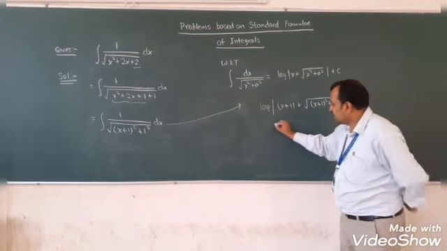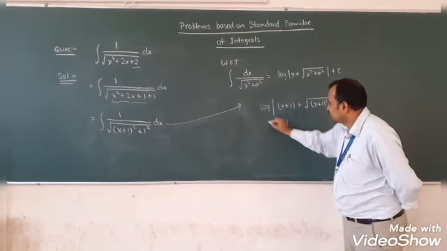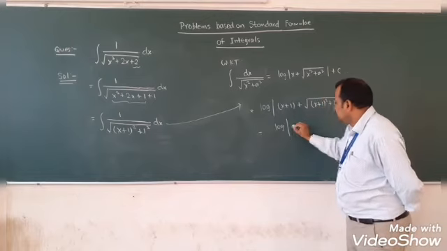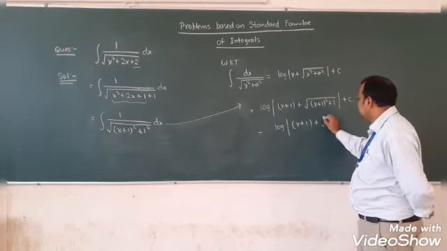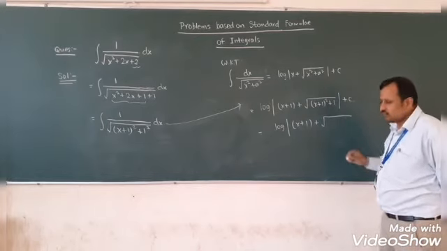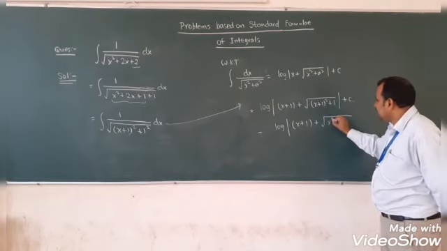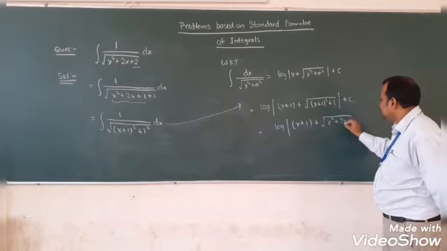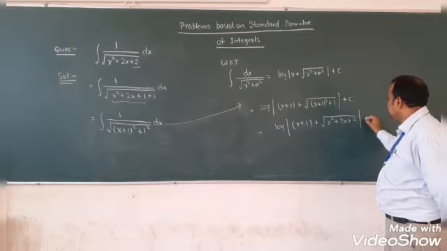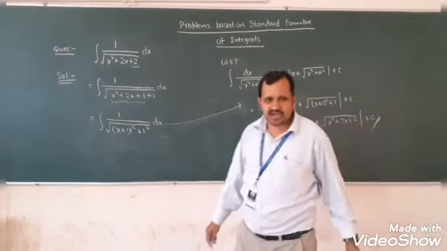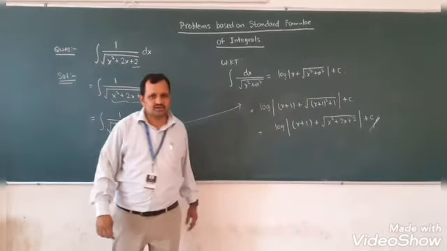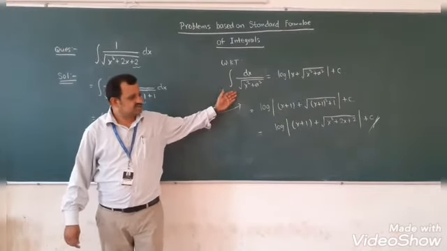Or we can write this as log of x plus 1 plus square root of, when you expand this, x square plus 2x, 1 plus 1 is 2, plus c. So this is the required answer. The last question and this question are both based on this standard result.